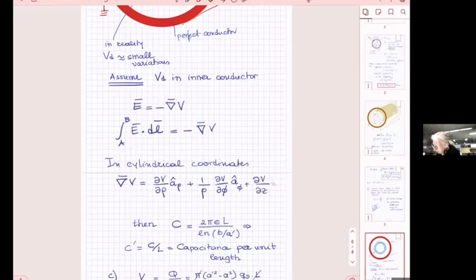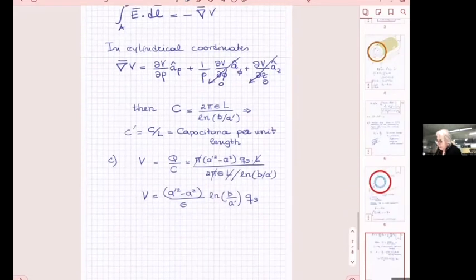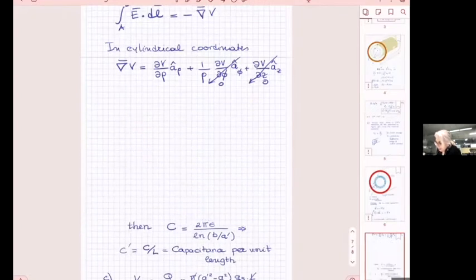But here we only have a rho coordinate because of the cylindrical symmetry. So there is no phi variation, there is no z variation. So the only thing that we got is this.